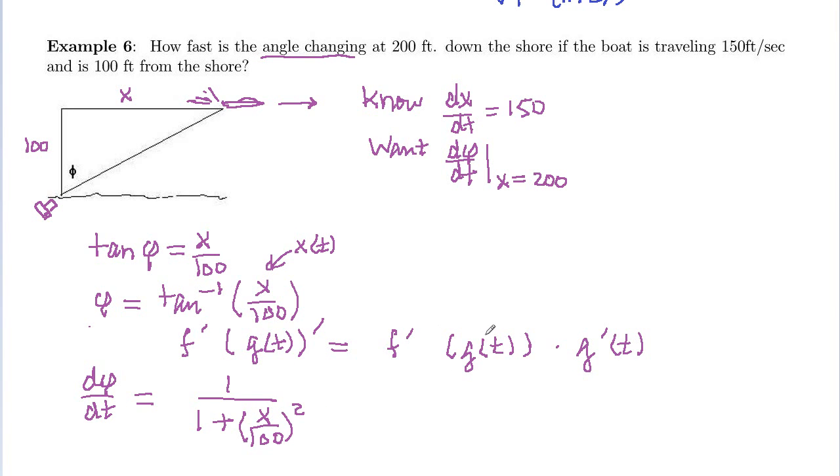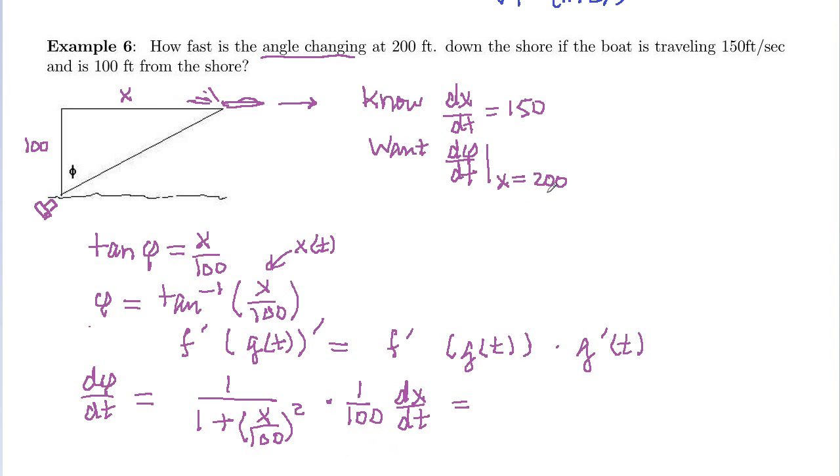So that's our f prime, plug in g of t. Here's our g of t. And then times g prime of t, so the t derivative of x over 100. Well, the 1/100th will come out in front, and then the derivative of x is dx/dt. So there's our expression for d phi/dt.